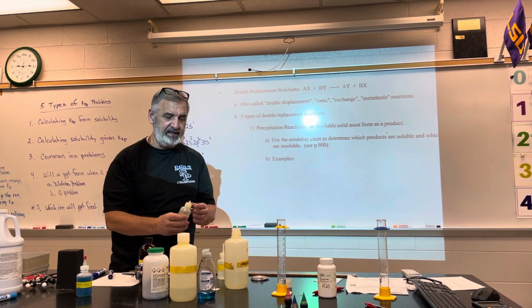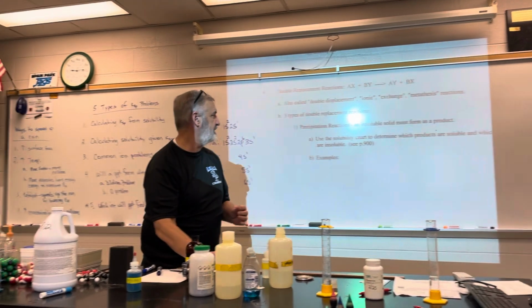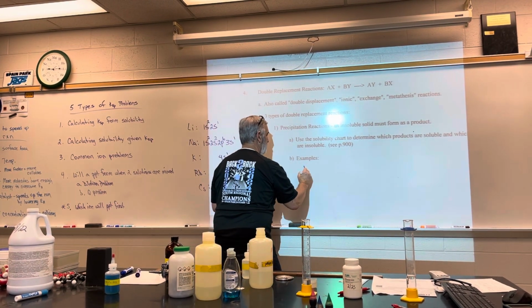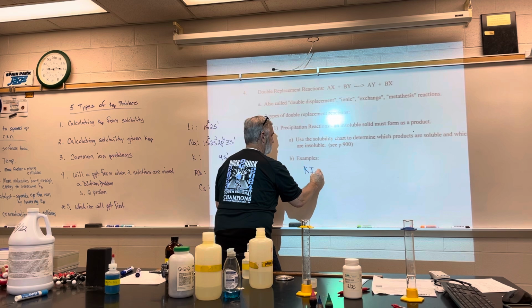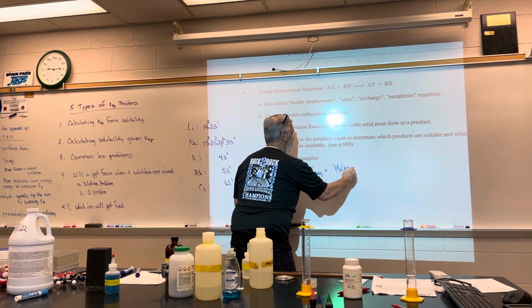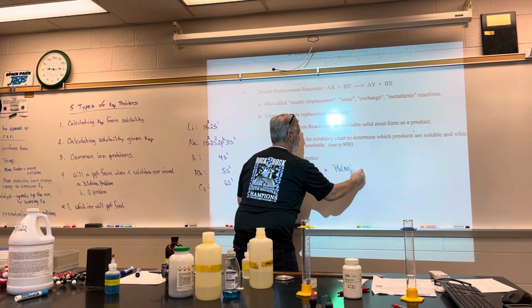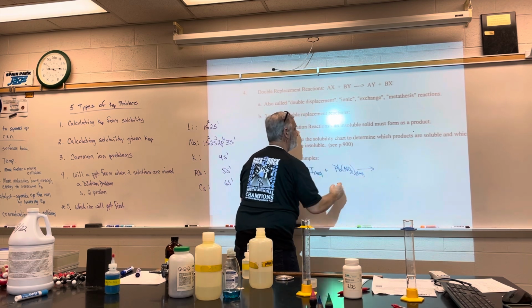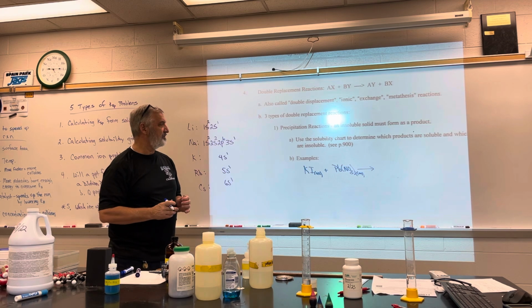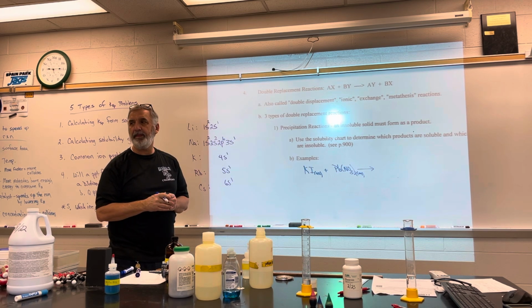I take some lead nitrate. Okay? So I'm going to take some KI, aqueous, and put some lead nitrate, aqueous. If this is a double replacement reaction, what do you think it's going to make? Potassium nitrate and lead iodide.